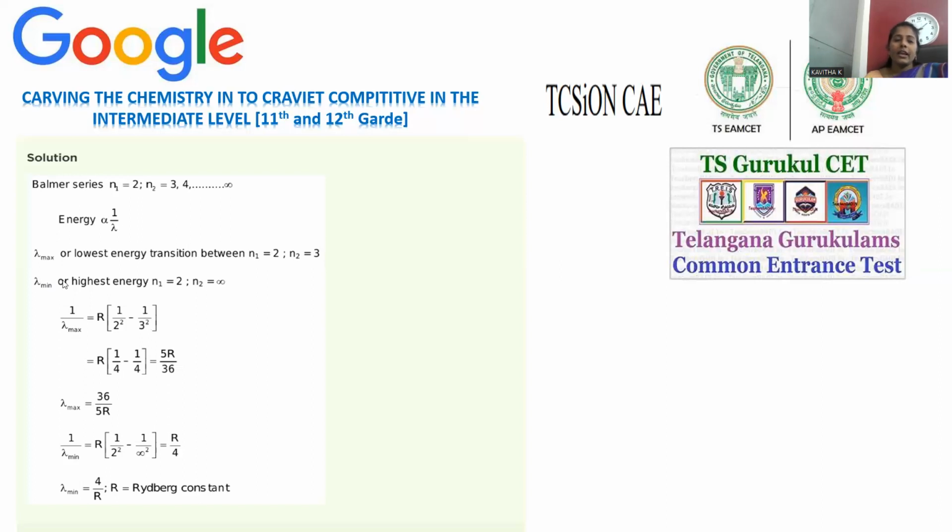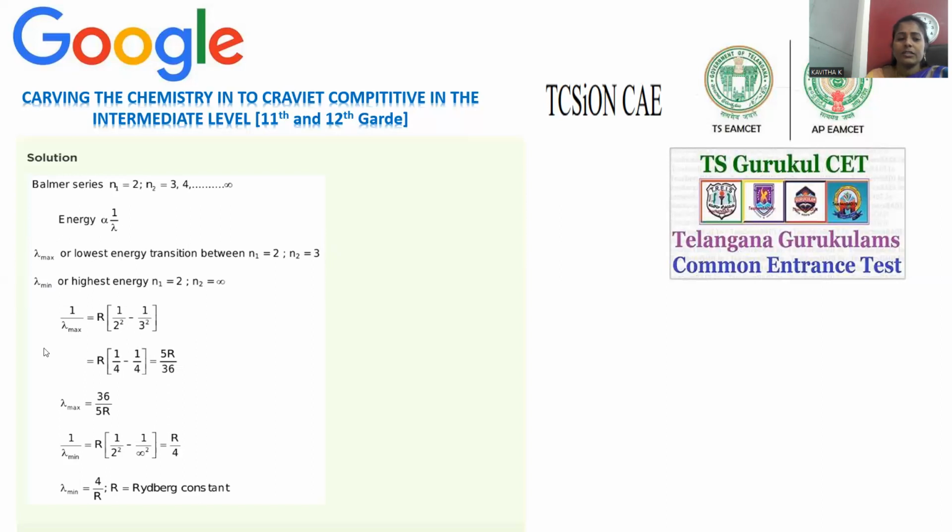If you calculate for lambda max, meaning larger lambda value, 1 by lambda max is equal to the Rydberg constant R into, in case of lambda max, n1 value is the ground state 2, so 1 by 2 square minus the highest level, which will be 3, because lowest energy is required for a one step excitation. So 1 by 3 square can be taken.